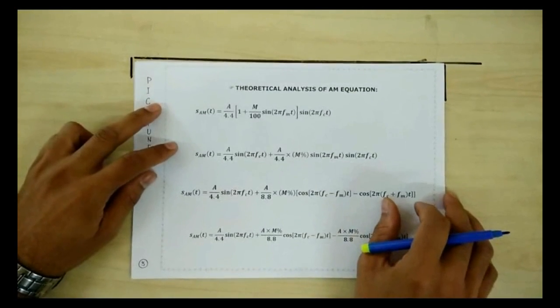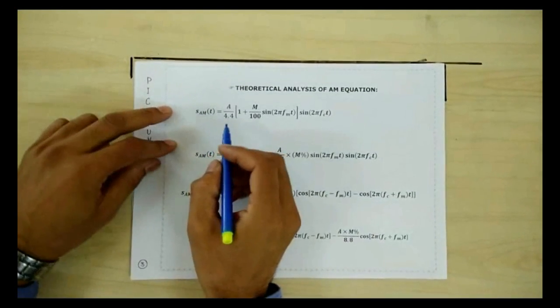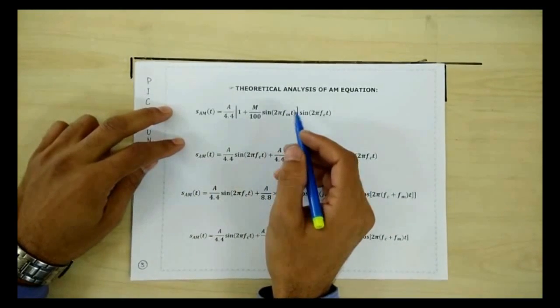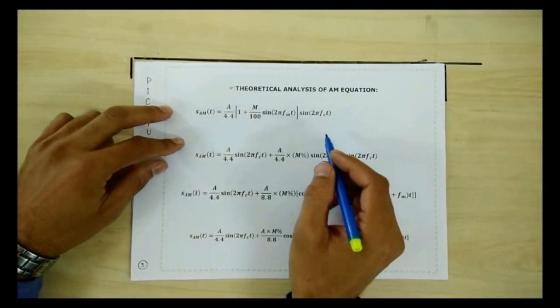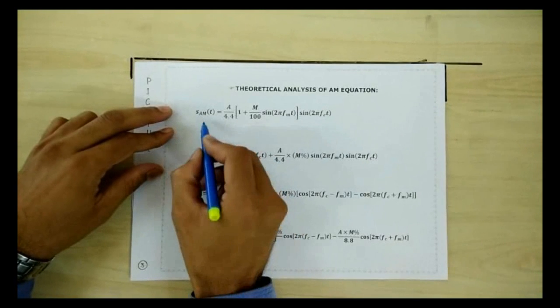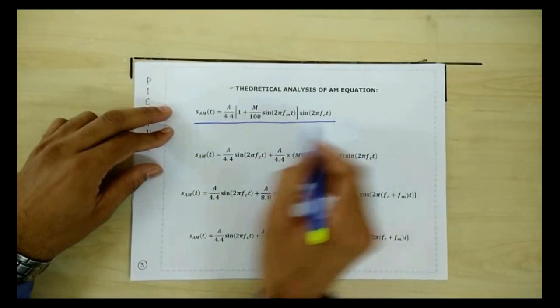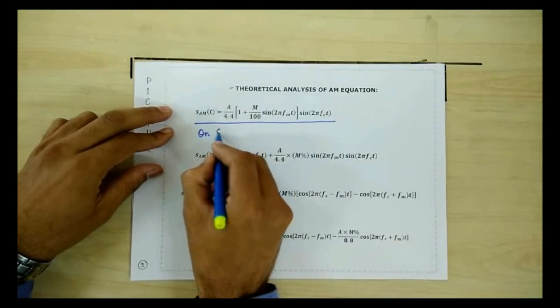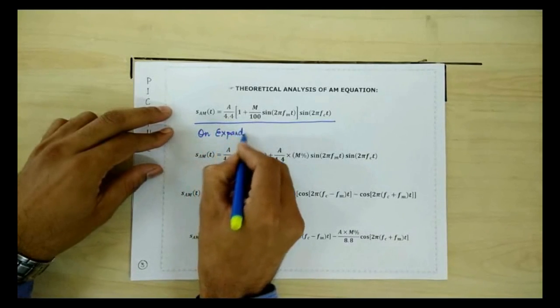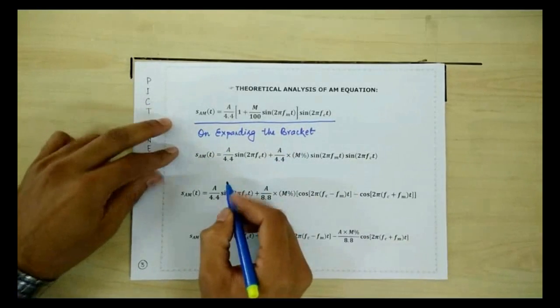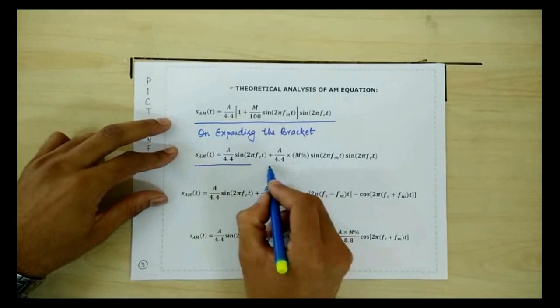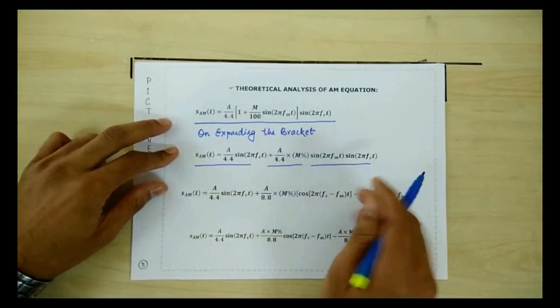Okay, so let's rewrite the AM equation. We want to do the theoretical calculation of this AM equation. So basically this is our AM equation. On expanding, we can get the equation which has two terms.